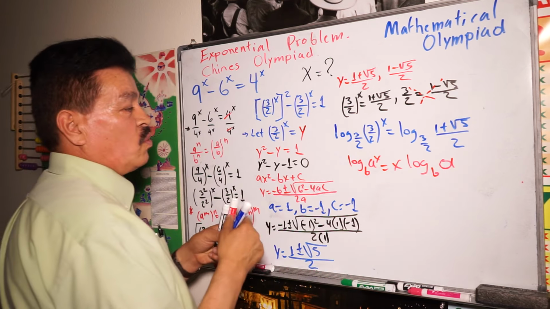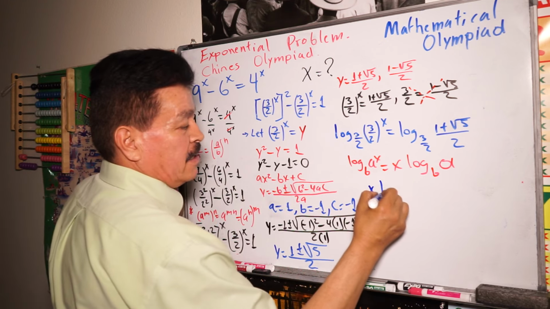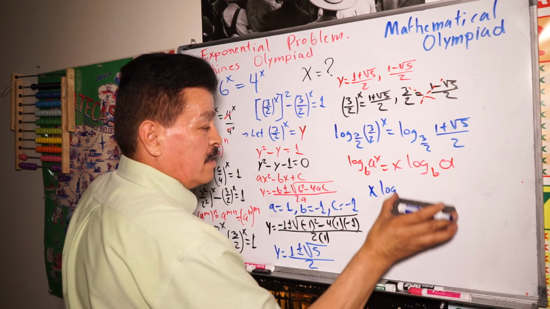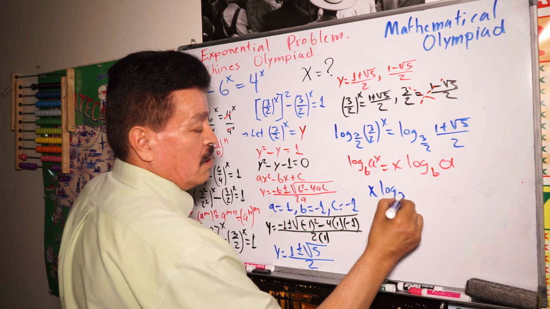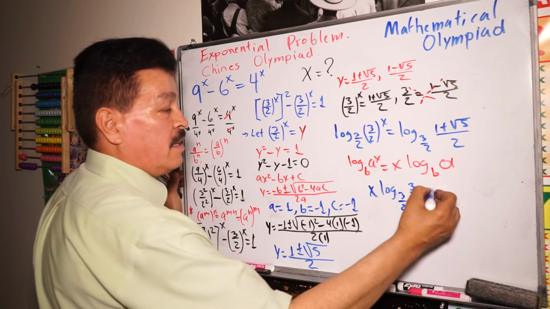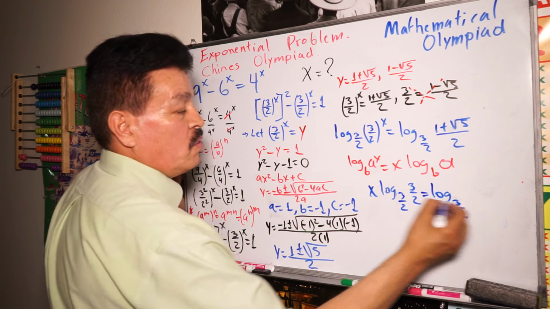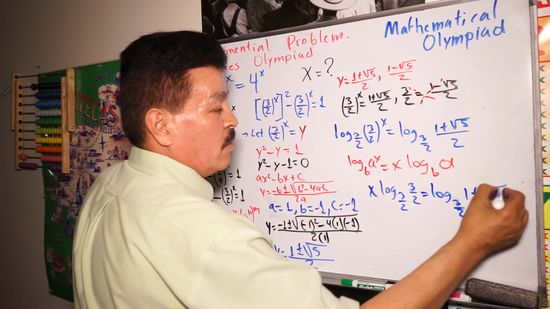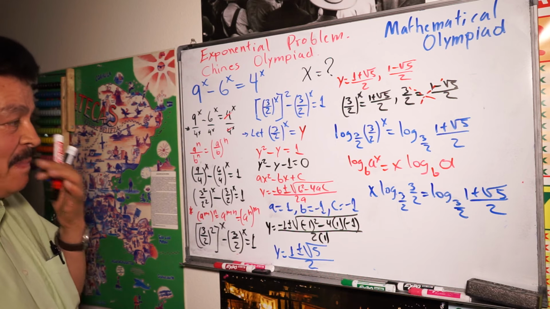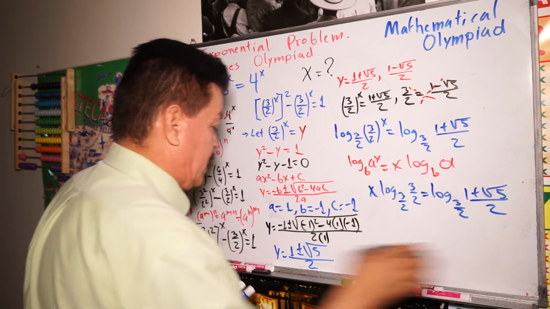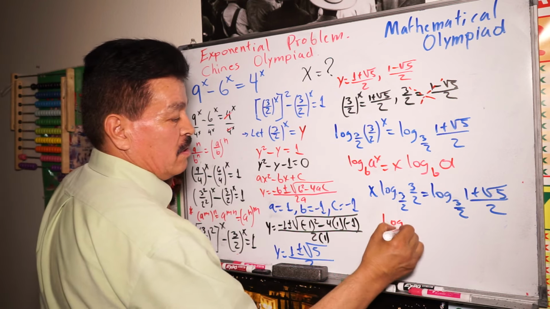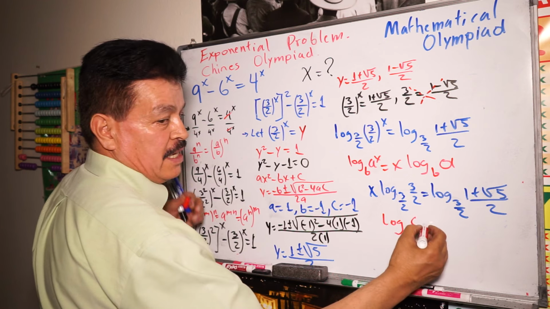So now we are able to write it right here: x log 3 over 2 equals log of 1 plus square root 5 over 2. You apply this. Remember, log c, this root c is equal to 1.